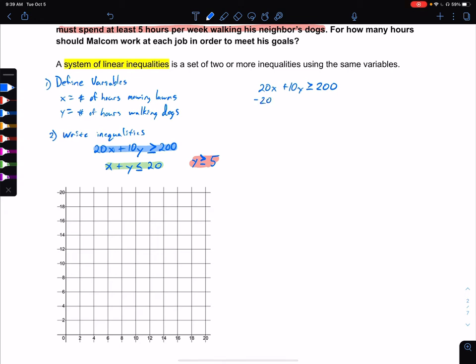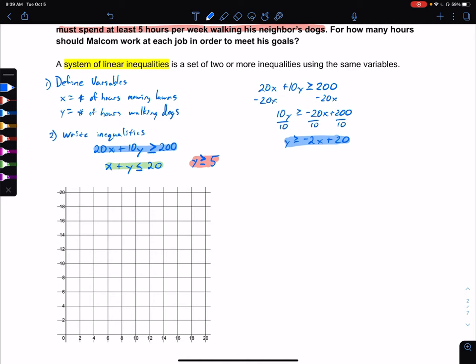So I'm going to subtract 20x, and I'm left with 10y is greater than or equal to negative 20x plus 200. Divide everything by 10. And now I have an inequality that I can work with: y is greater than or equal to negative 2x plus 20. That would be our blue one. So we've updated that so that we can graph it now.